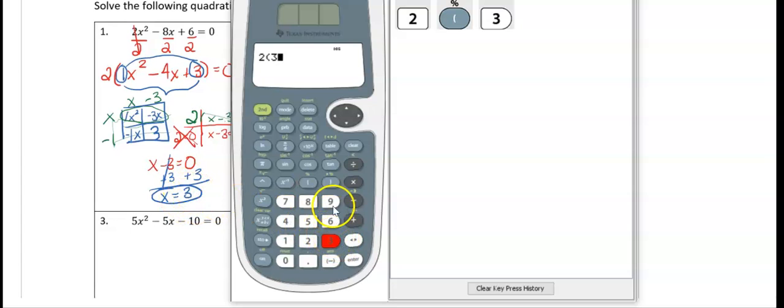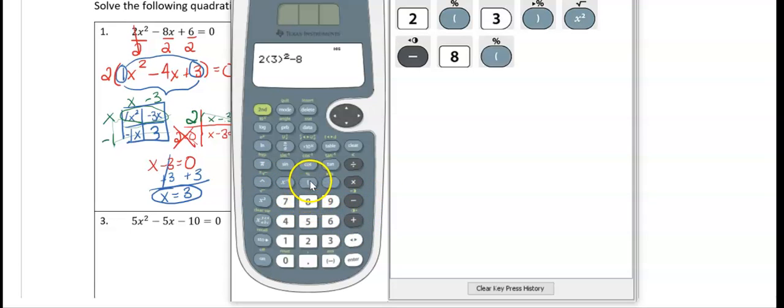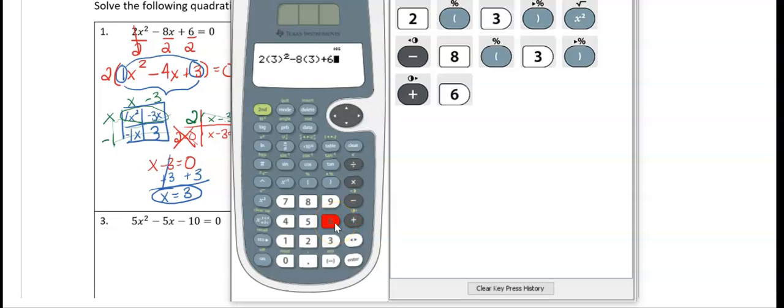So I've got 3 right there, and we're going to square that, minus 8, and instead of x, I'm going to plug in 3, and plus 6. And if I solve this correctly, I'm going to get 0 back, because that's what the equation says. It says that for any value that I plug in for x that makes this a true statement to be equal to 0, we have x equals 3, for example. And sure enough, it does equal 0.